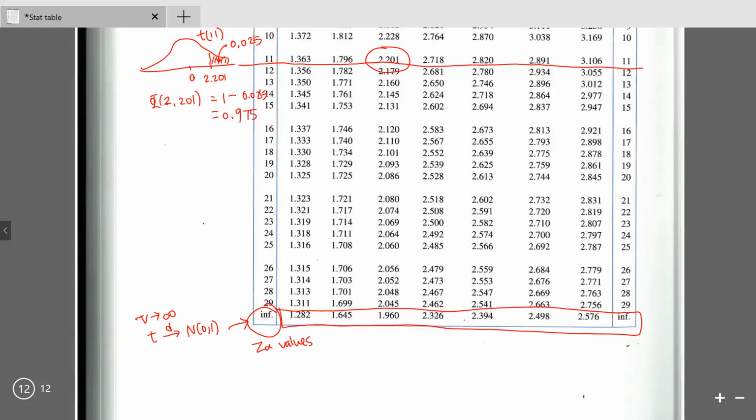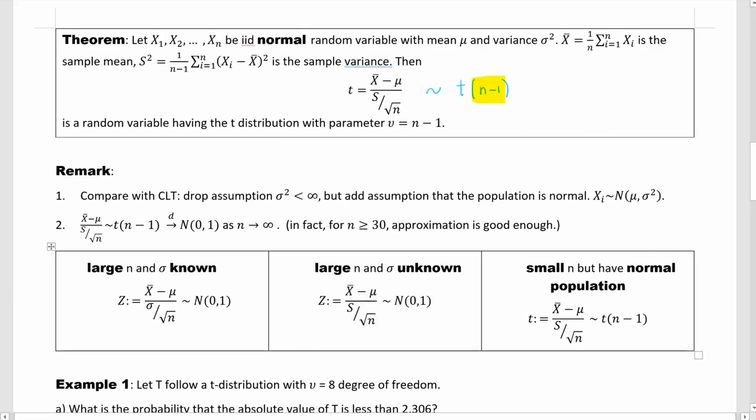When n is large, you can use the standard normal distribution. What is large? Greater than or equal to 30 is large. Everybody okay? So you don't need to use the t-distribution.